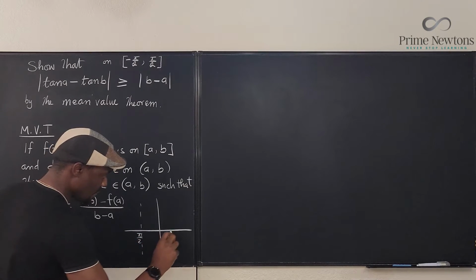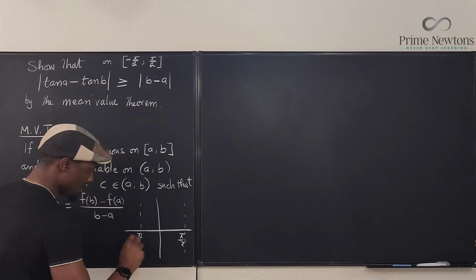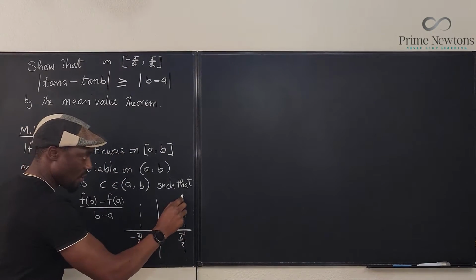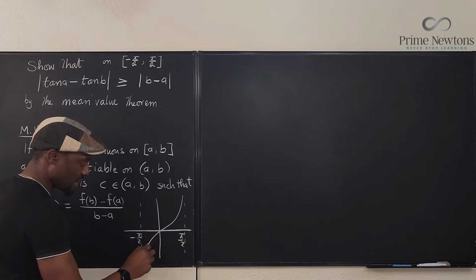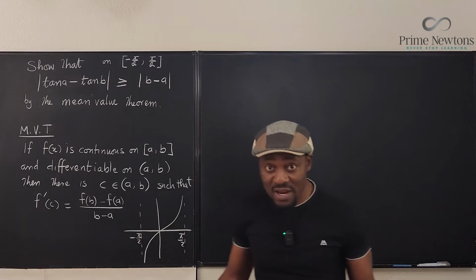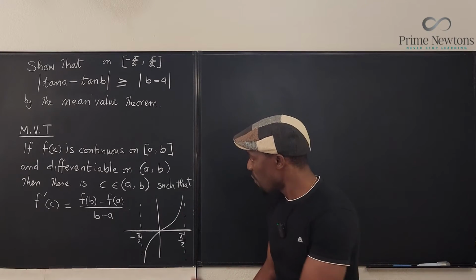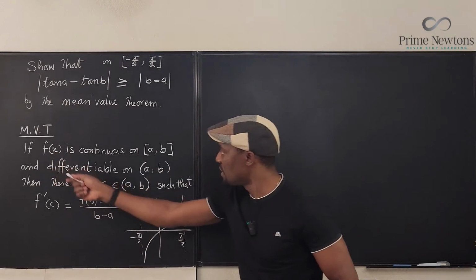This is pi over 2, this is negative, that's positive, and we know our graph of tangent goes somehow like this, right? That's our tangent. So it's continuous and it's differentiable. We know that. There are no kinks and there are no corners. So it satisfies these two first conditions.